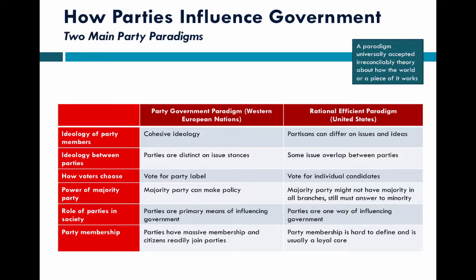But in the rational, efficient paradigm, the purpose of parties is not to change the government or to change policy, but it's merely to win elections. And so parties in the history of the United States have not been there for ideological means, but have been there for electoral means. And so the primary goal is to win elections, win seats, win power, not necessarily to shift policy.